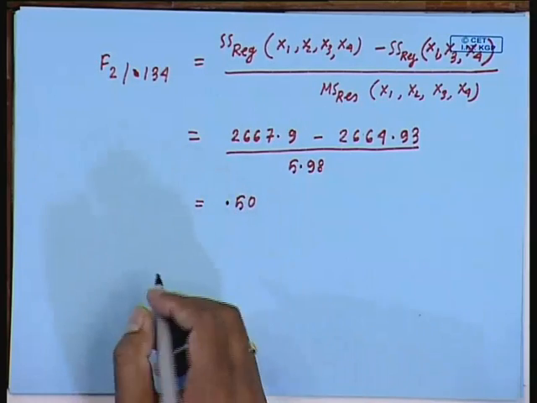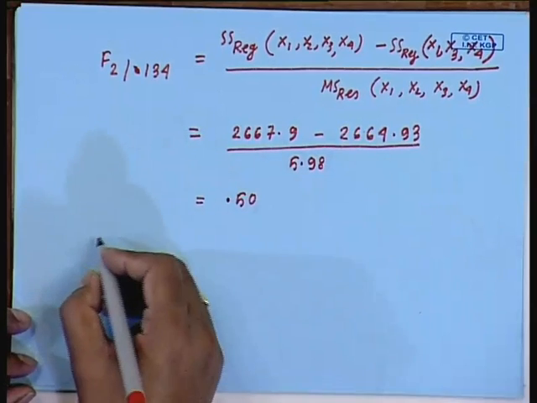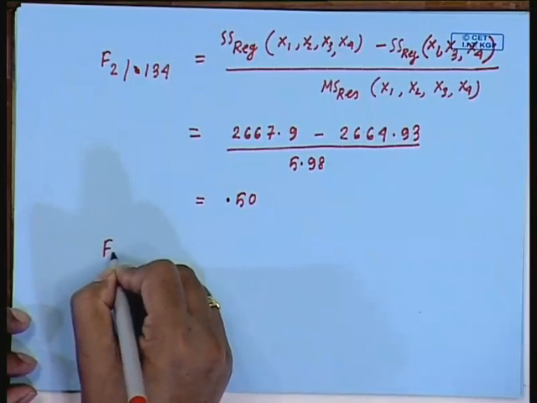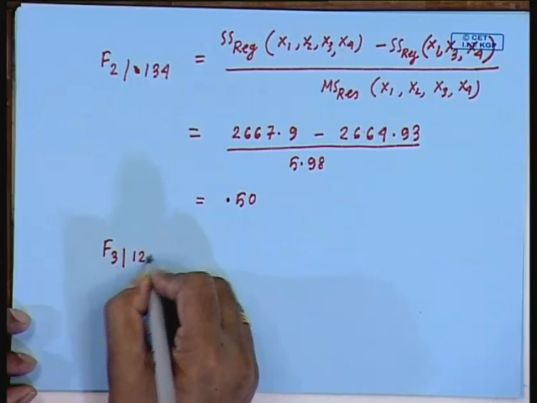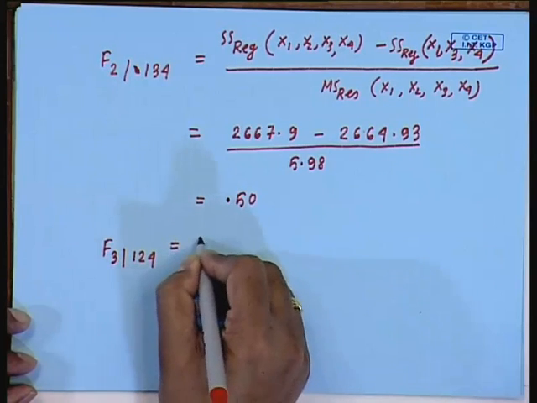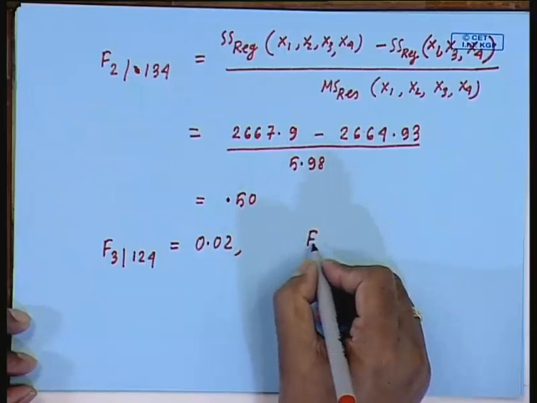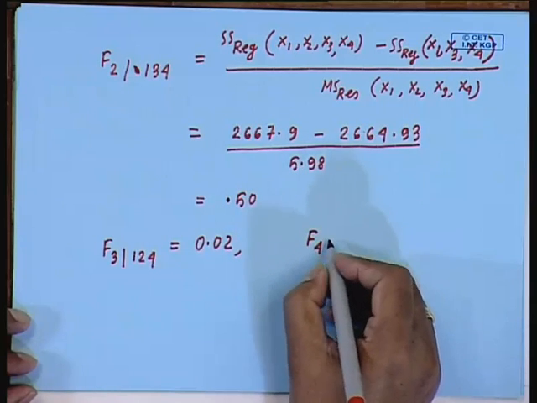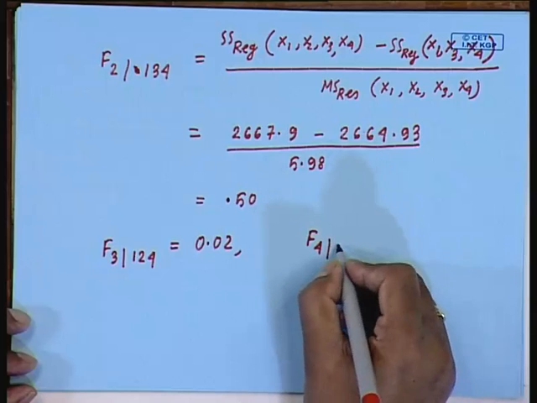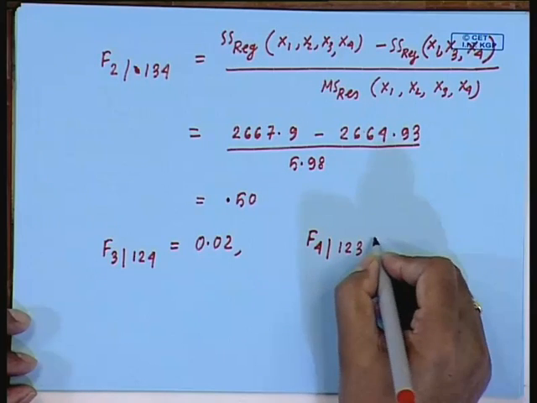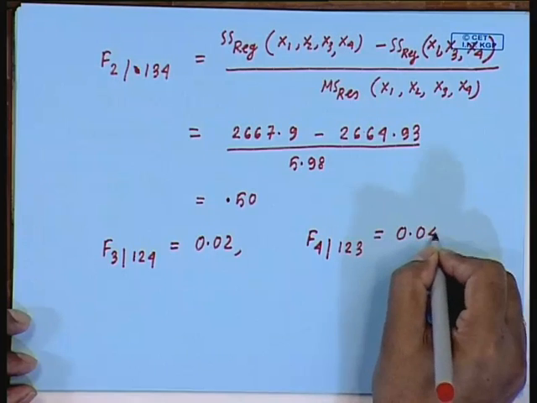Similarly, you compute the other values, I am not going into the detail for the other calculations. So F3 given 124, you can check that this is equal to 0.02, and F4 given 123 is equal to 0.04.